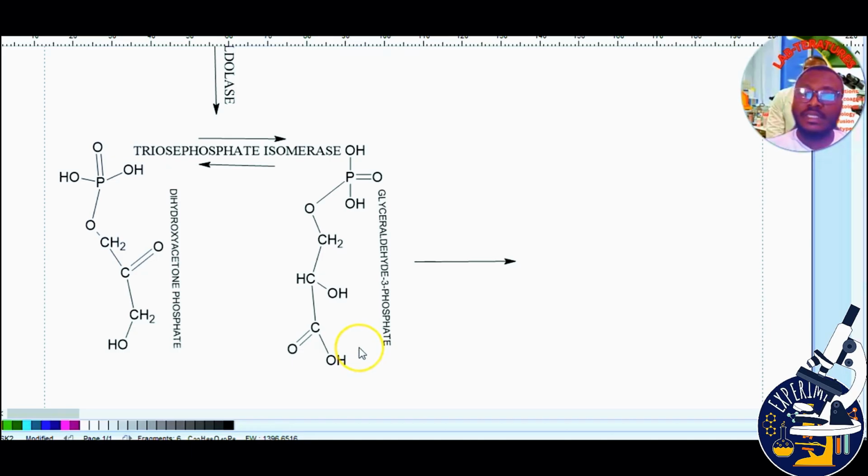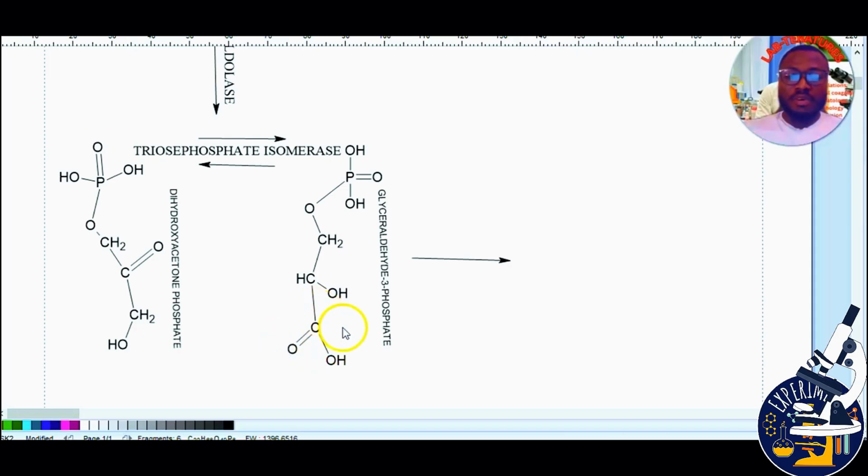So now this step will have an inorganic phosphate being added to this carbon, and of course this hydroxy group has to make way, so it will be removed by a dehydrogenase, and therefore the enzyme that's going to catalyze this process is called the glyceraldehyde 3-phosphate dehydrogenase. And you have to copy this structure on here because it's exactly the same.